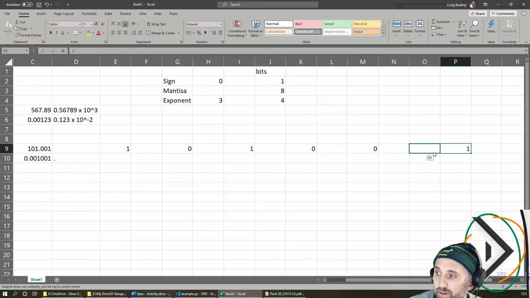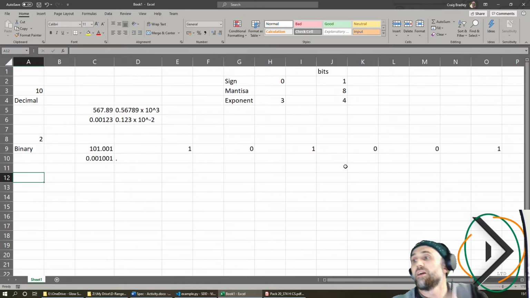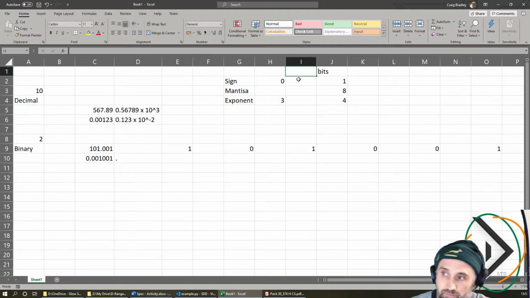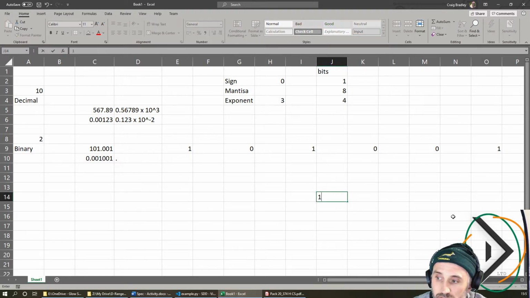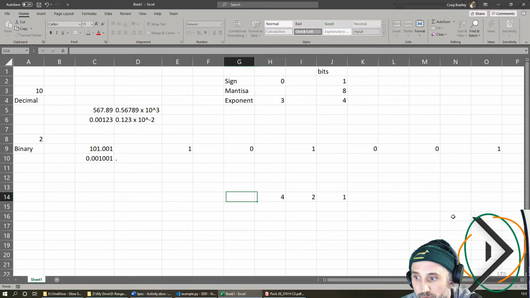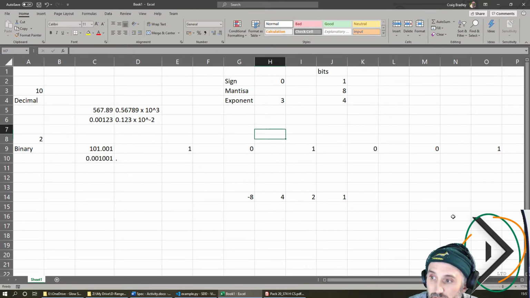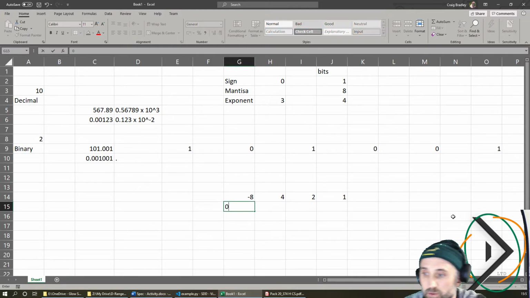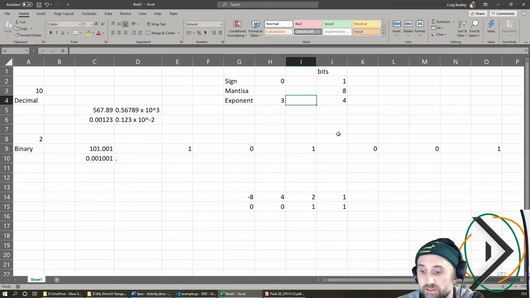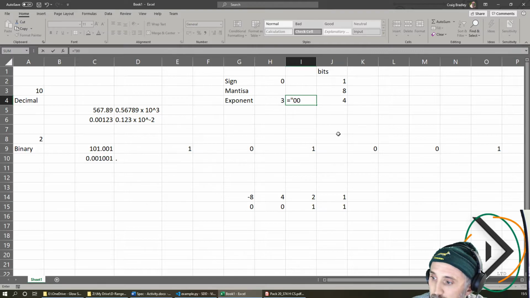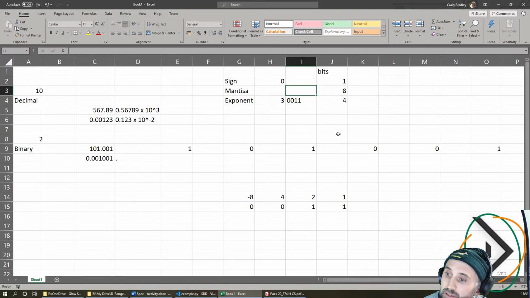To convert it to binary, we're using 4 bits, and we're using 2's complement, so the place values are 1, 2, 4, and the biggest one becomes negative. To work out the number 3, it would be 0, 0, 1, 1. So using 4 bits, 0, 0, 1, 1 is my exponent. And my Mantissa uses 8 bits.